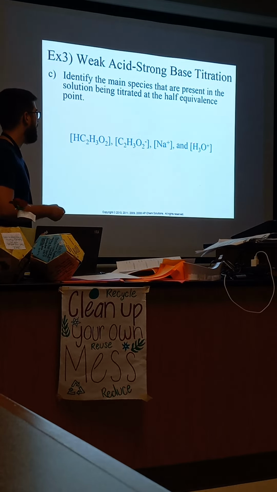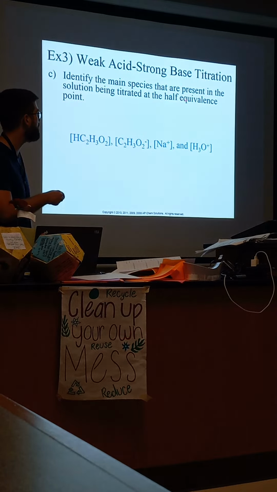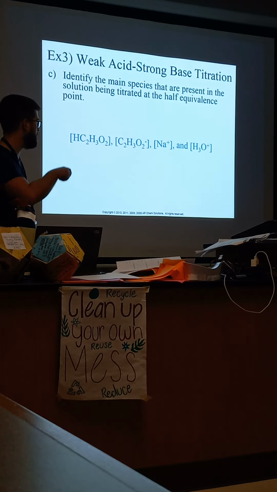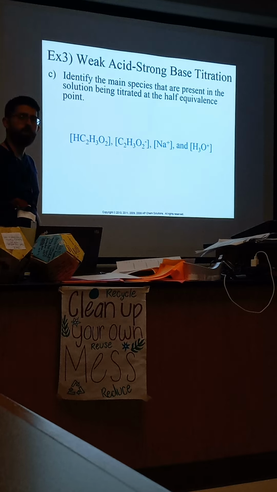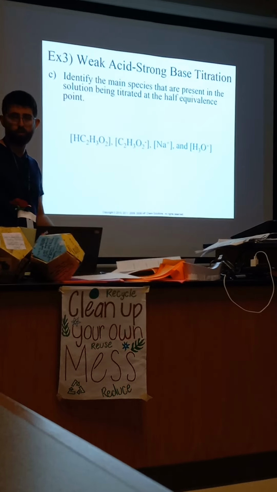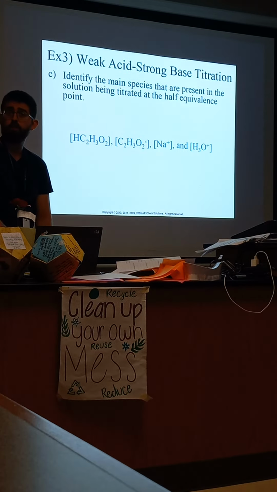And H3O plus is going to be in there because we have not reached the full equivalence point yet. So there's still going to be H3O plus in there, because it's still pretty acidic. Because it's a weak acid, so even though it's weak, it still ionizes a little bit, so it'll still be there. That's why it's below 7 on the graph.